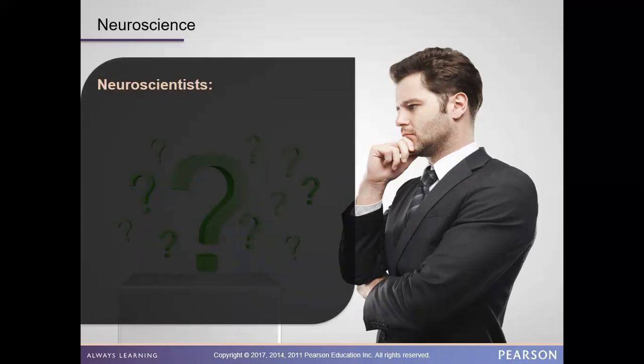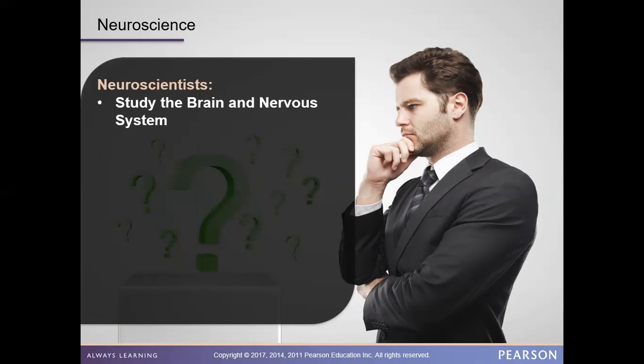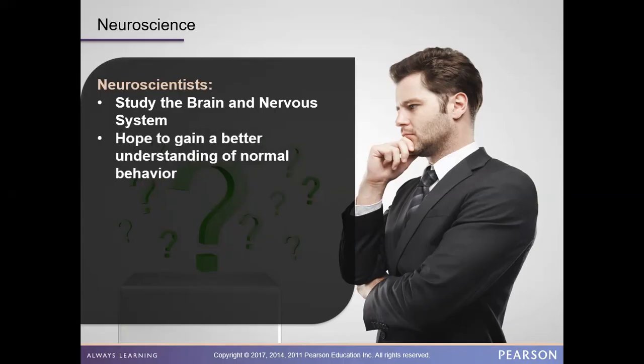A lot of times you'll hear about neuroscience, but you only think about it being one thing. And I want you to know that it's more than one thing. So what do neuroscientists actually do? Well, they do a lot of what you're doing right now, watching this video. They study the brain and the nervous system. And then they hope to gain a better understanding of normal behavior.